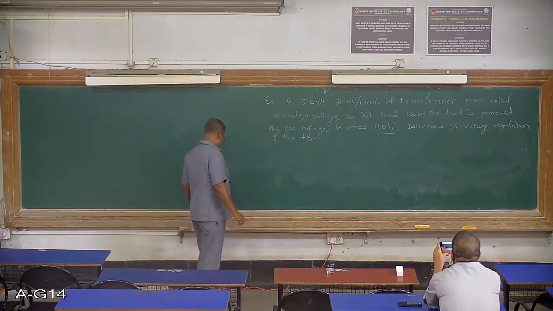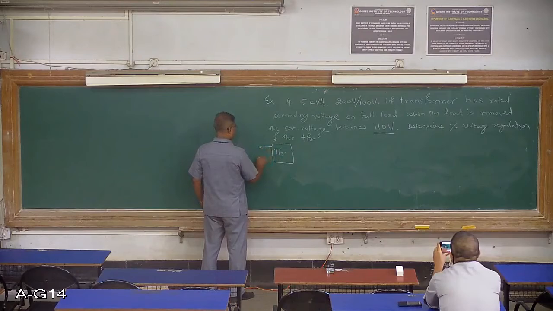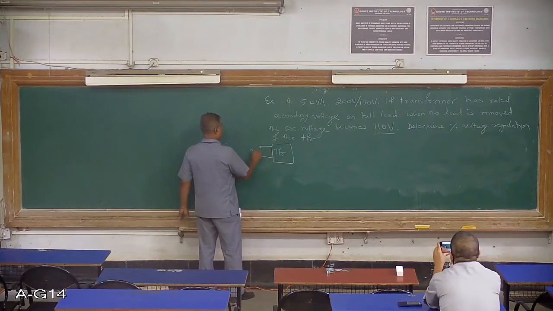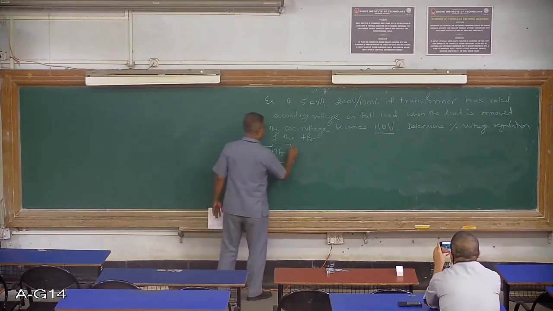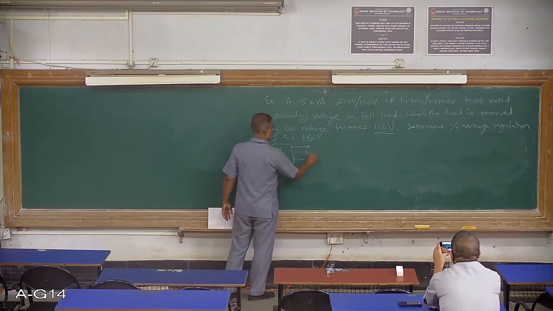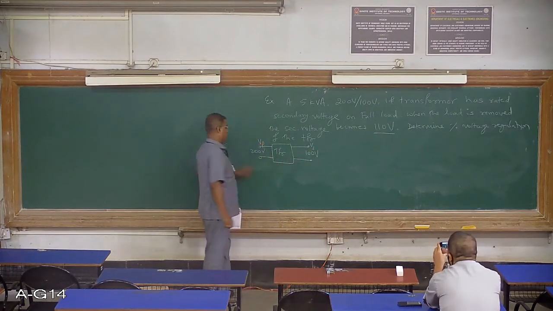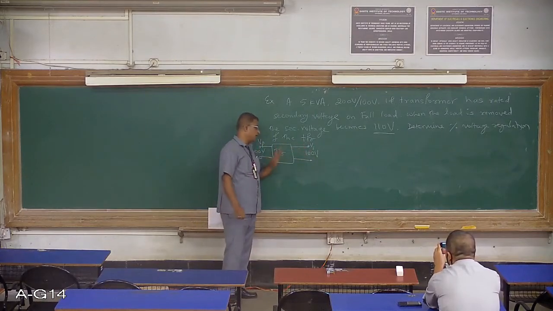Okay. So as you can see here, this is a transformer. This is the primary supply, 200 volt. This is the secondary, that is 100 volt, that is Vs. This is Vp. Vp is 200, Vs is 100 volt.